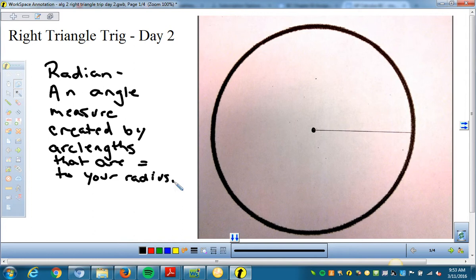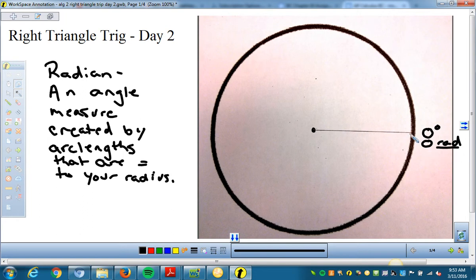Verify that your string is the length of the radius, give or take a little error. Starting here, this is where 0 degrees is, and that's also 0 radians.